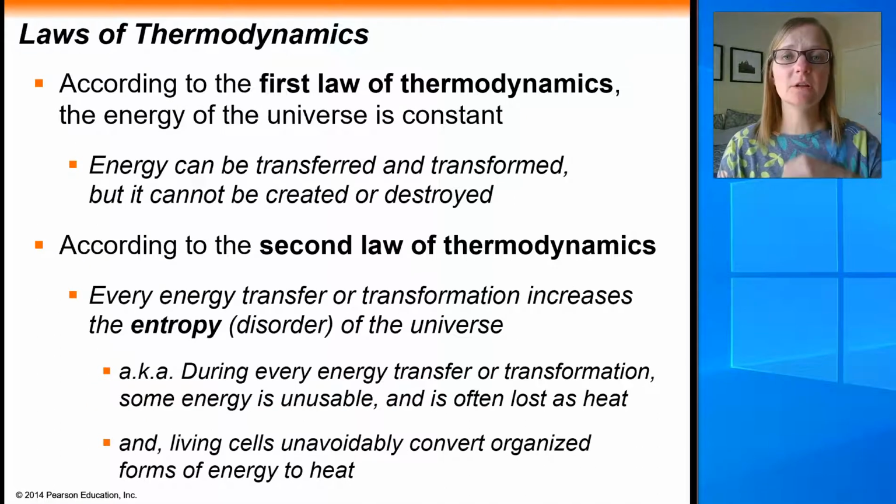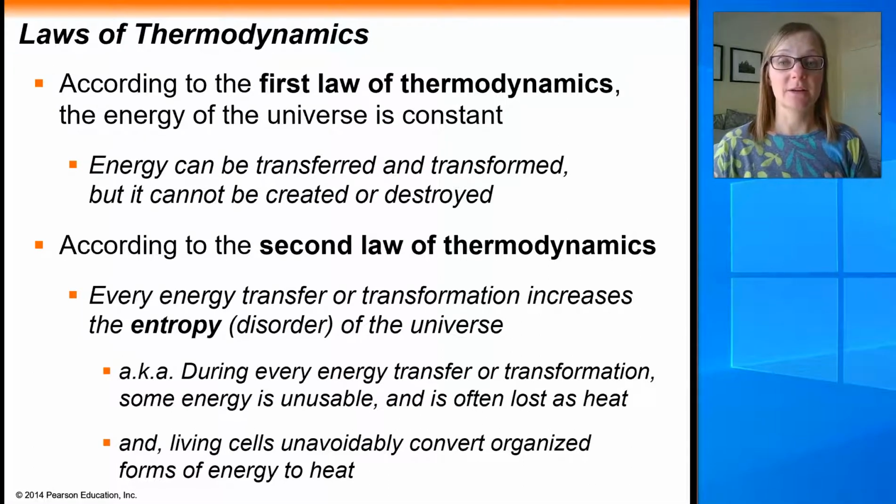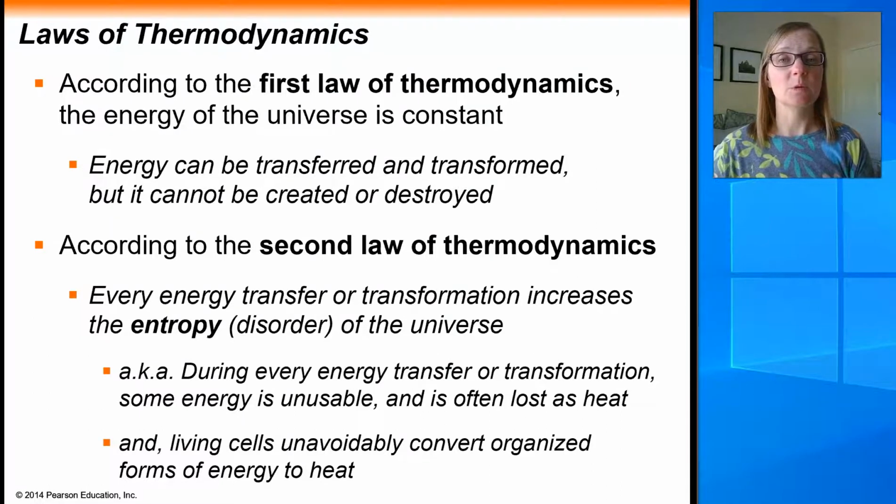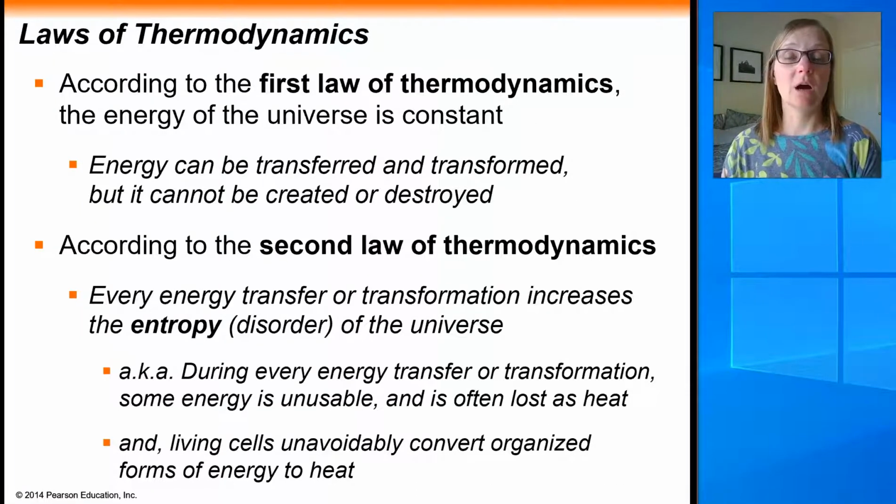All right, so when we're studying thermodynamics, there are certain laws that apply to the transfer of energy or the transformation of energy. So let's go through the two laws of thermodynamics. The first one's pretty easy. The second one is a little bit more difficult. So the first law of thermodynamics states that the energy of the universe is constant.